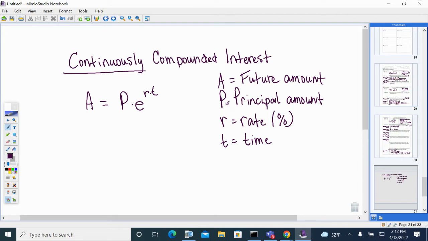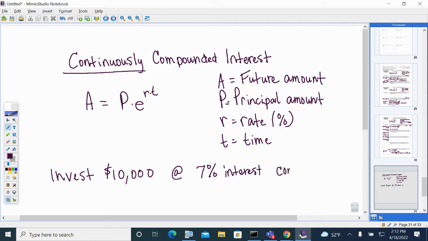So let's say we're going to invest $10,000 at, we'll say, 7% interest. Compounded continuously.